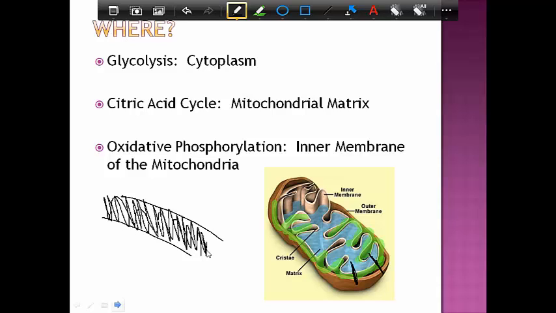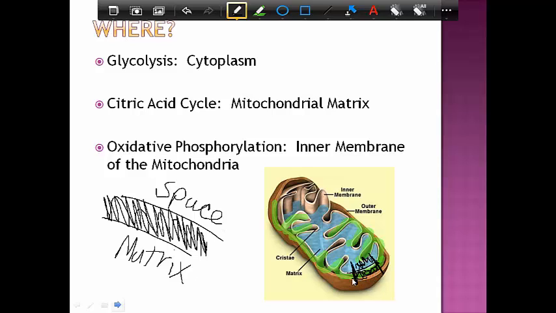This down here is going to be the matrix, this blue area in here. We've got the inner membrane that stretches across, we've got the matrix, and then right here is going to be the intermembrane space, the green area that I highlighted earlier.